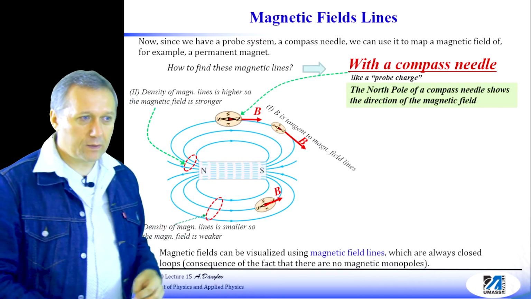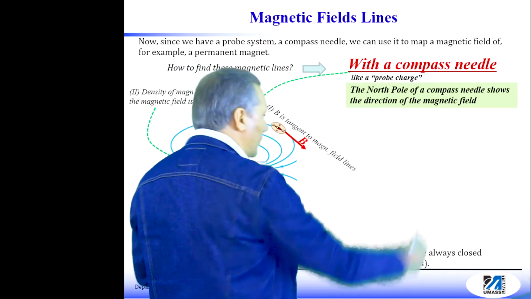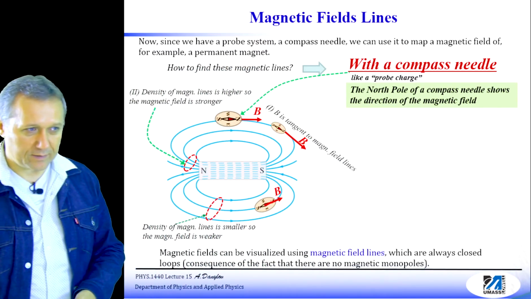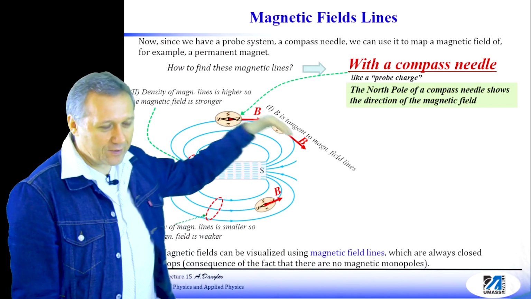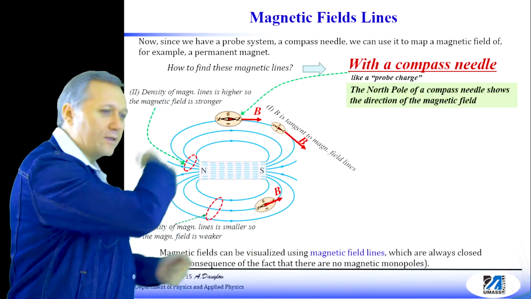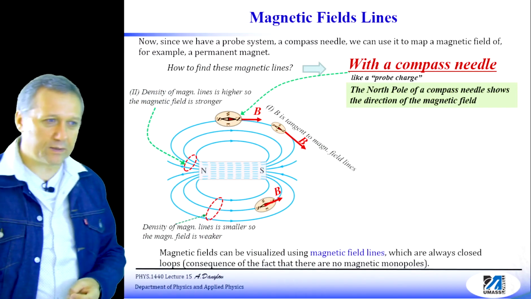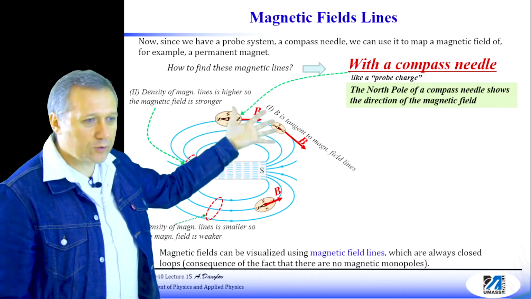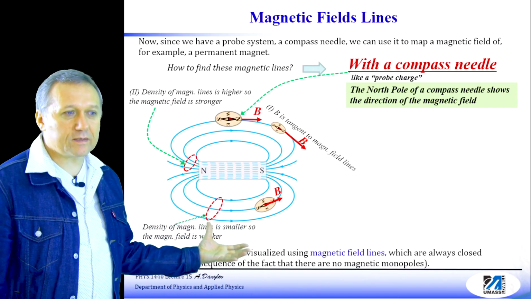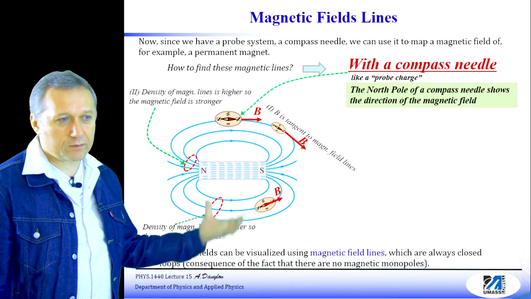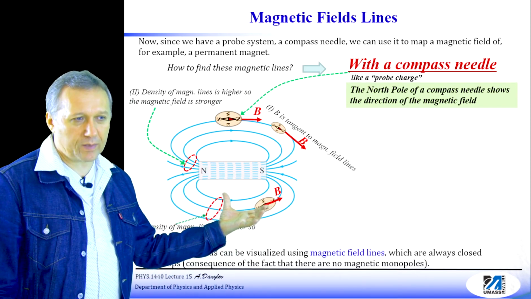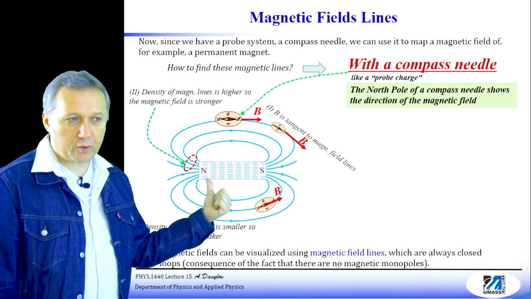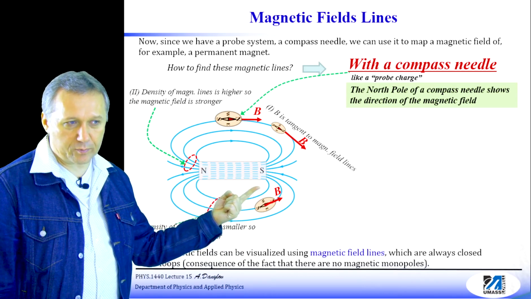And then you just connect all those vectors with one solid line. Then take the next point and again start drawing vectors, then again a solid line, and so on. Sooner or later you will draw these magnetic field lines describing the magnetic field created by this permanent magnet. You see the north pole and the south pole of the permanent magnet.